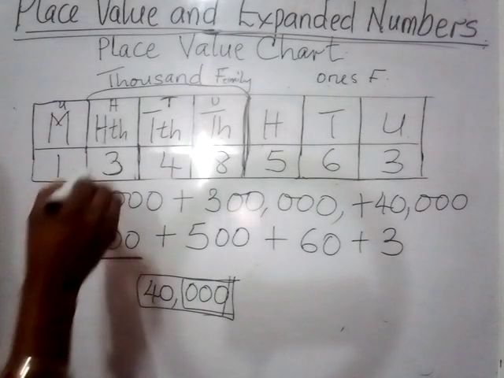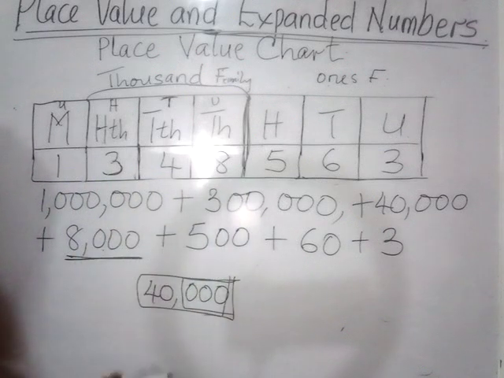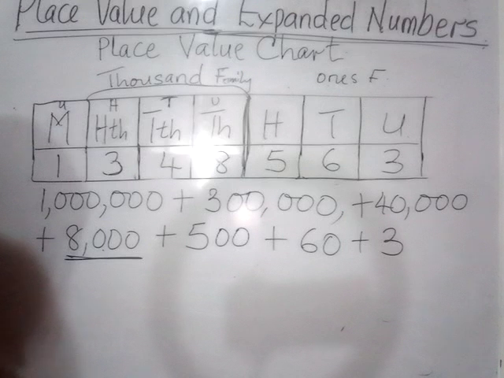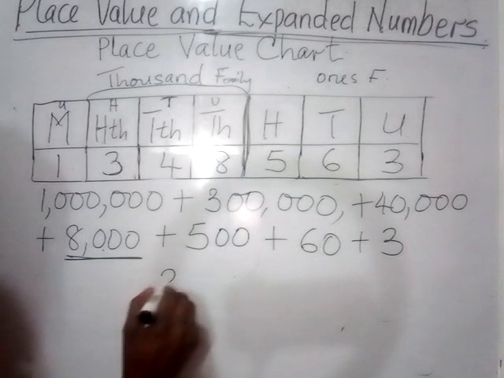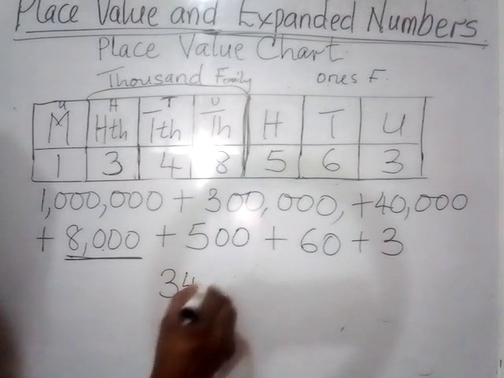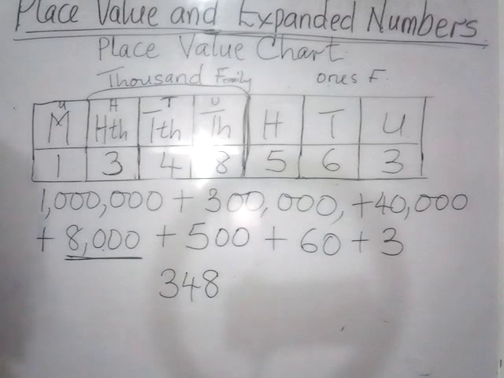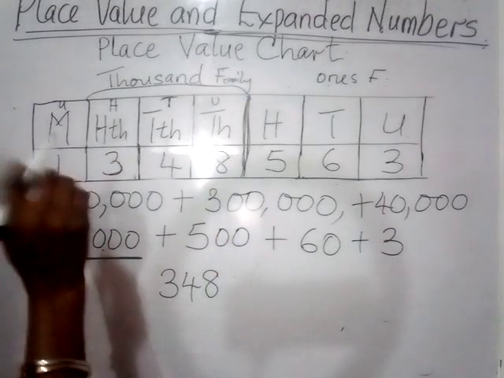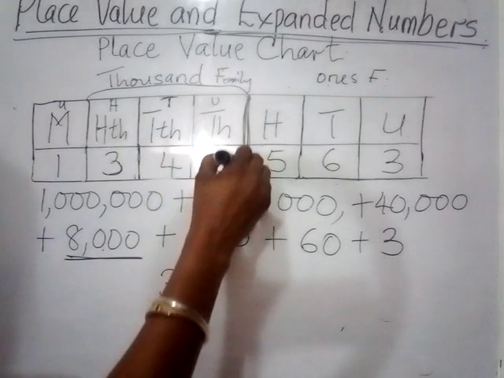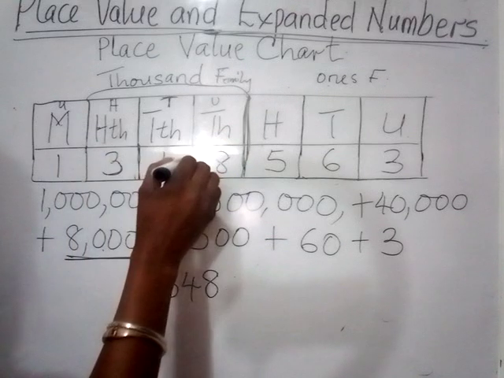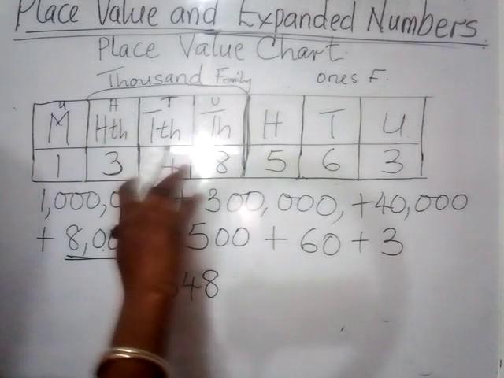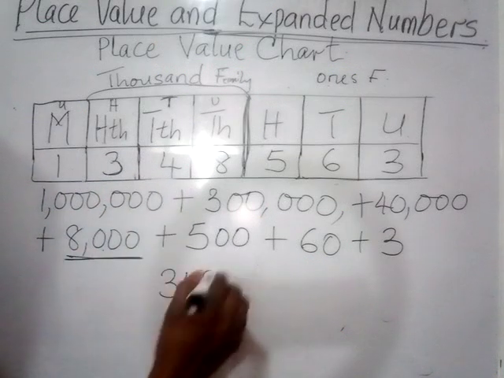So let's see, for instance, how it works with this number 348. That's the way I have shown my kids how to name these large numbers that I see has really worked for a good number of them. So to name this number, what I tell my children to do is just isolate this number first. Name it on its own, the way you would name it ordinarily if you find it anywhere.